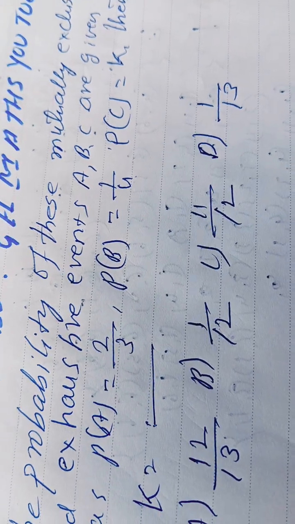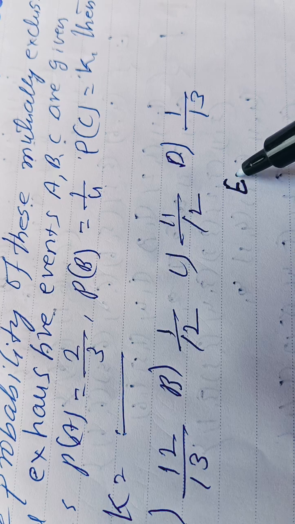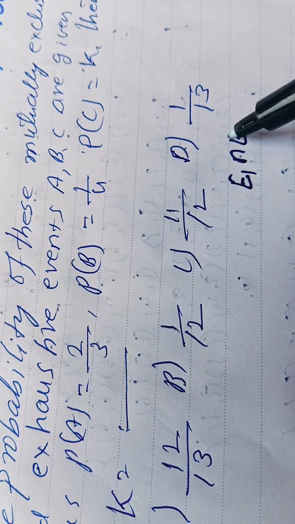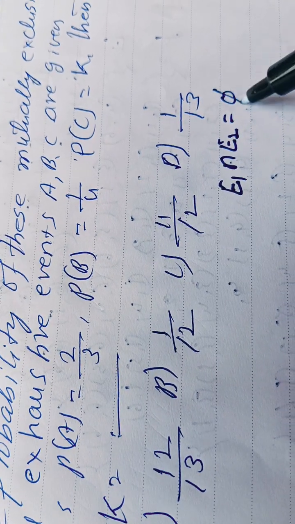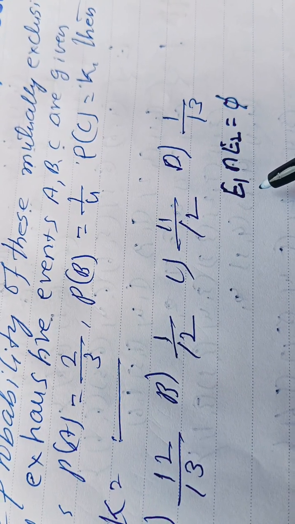We know that mutually exclusive means E1 intersection E2 is equal to empty. There is no common elements of the events E1 and E2.